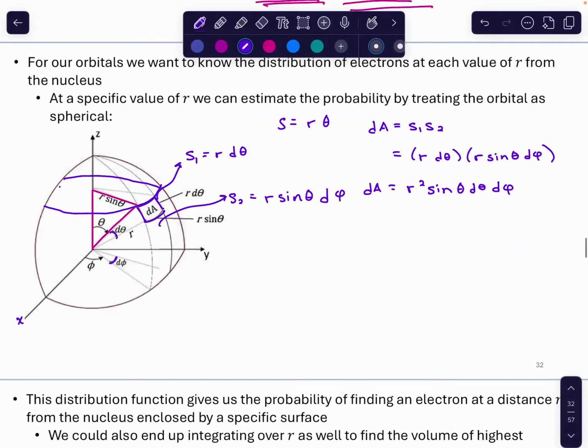Okay, so the radial distribution function, we're going to call it G, and what we're going to do is integrate over each one of these spheres. Let me back up a little bit. Let's take our definition of our integral.